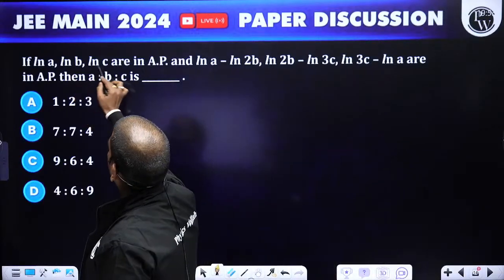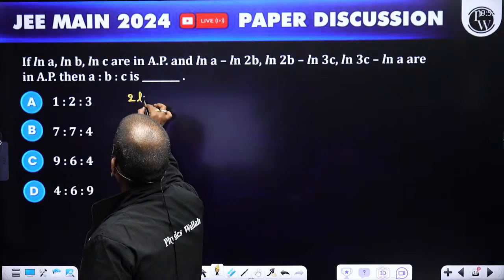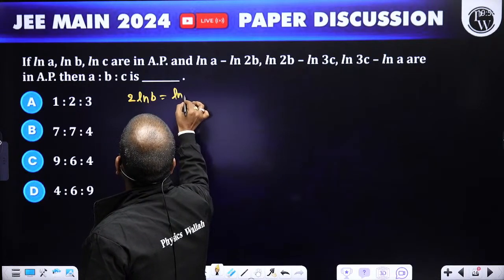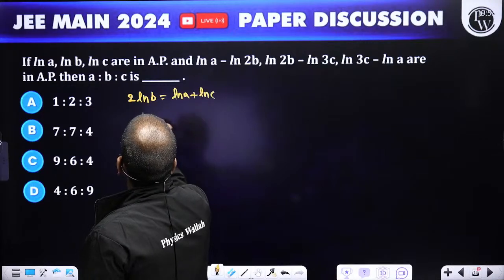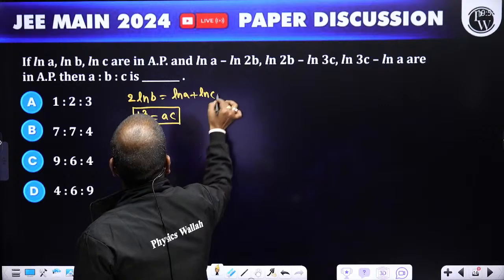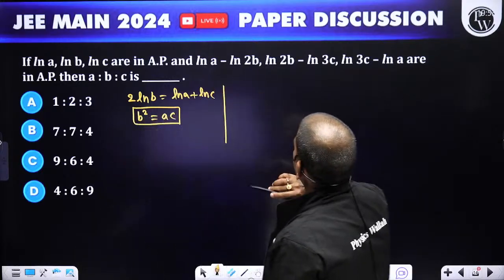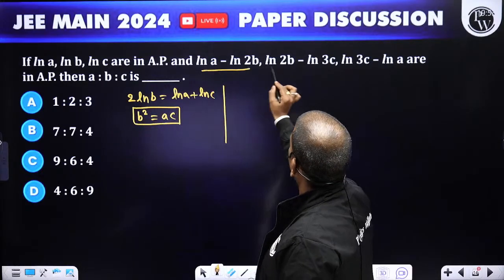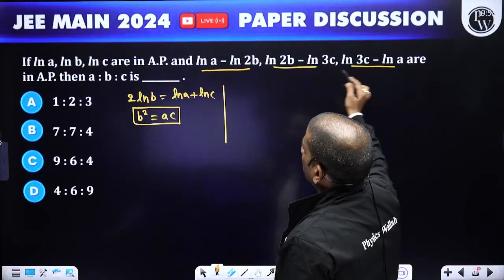ln a, ln b, ln c are in AP. So that means 2 ln b is equal to ln a plus ln c. So this means b square is equal to ac. Right? Okay. Next, again, this is the first term, second term, and third term, again in AP.